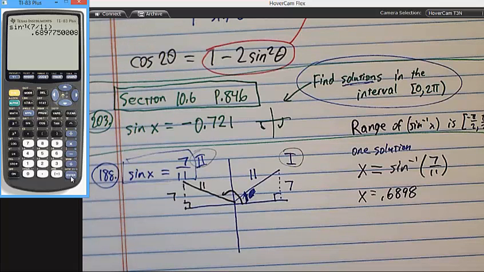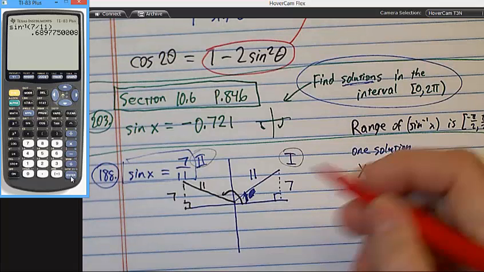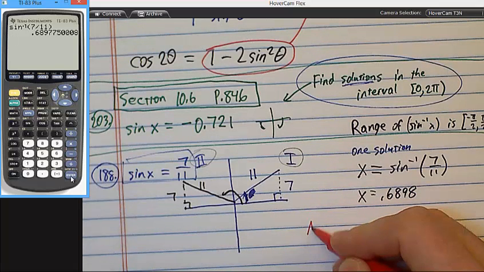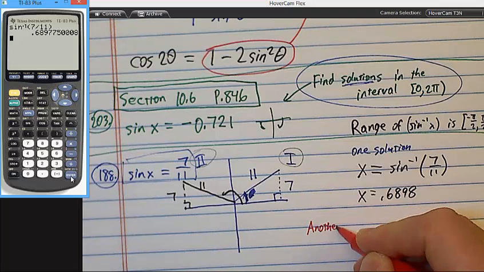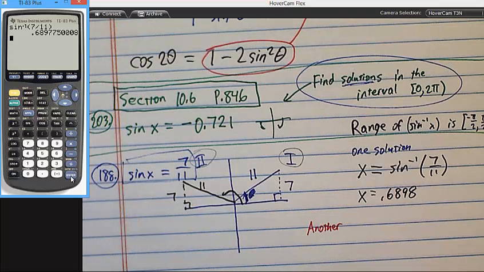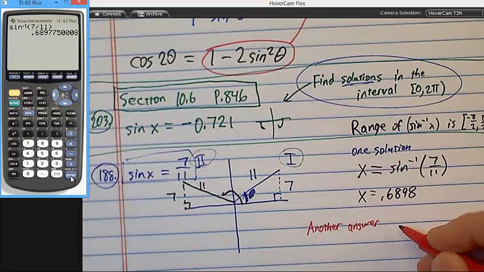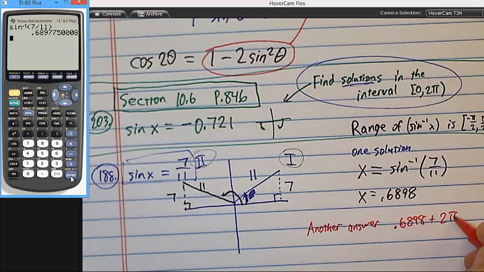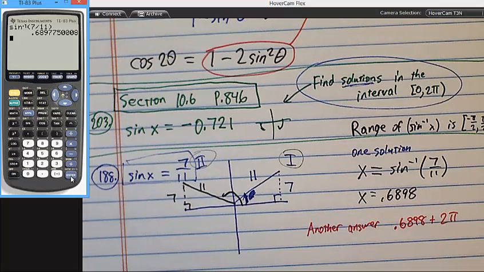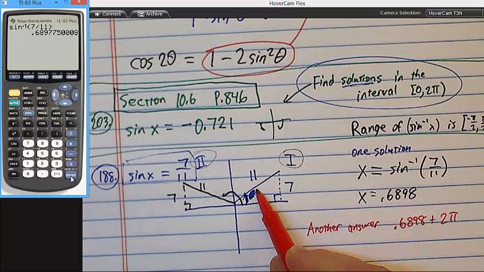Go ahead. So the reason why it only gives you the first answer is because of the range, right? Yeah. Okay. And functions can only give one answer, right? That's the key about a function, is it only has a single output. But if I want another answer, how about I do 0.6898 plus 2 pi? Let me draw that answer. That'd be like if you went 0.6898 and then kept going, another 2 pi, right?